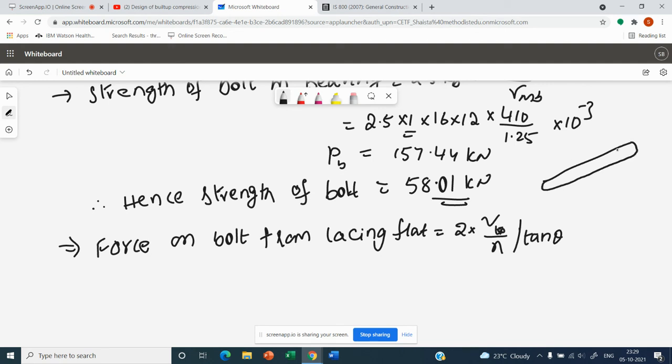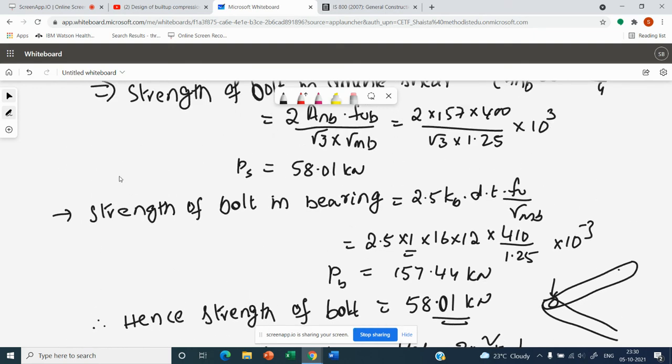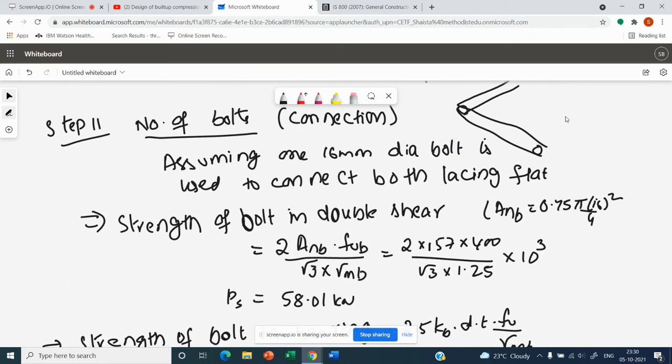So you can have again same geometry, you have to see it. This is your bolt, okay. So this will be the transverse shear coming on it. Another plate will be coming like this. So there are two. So it's 2. Find tan theta. V by N is the one which I have shown here.